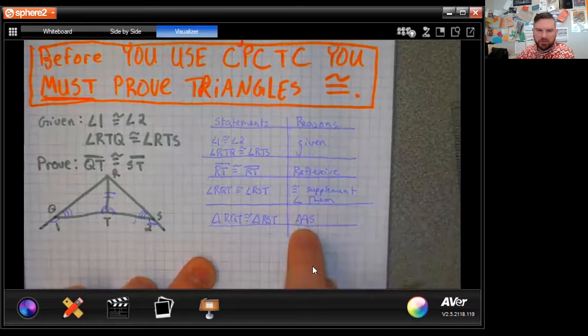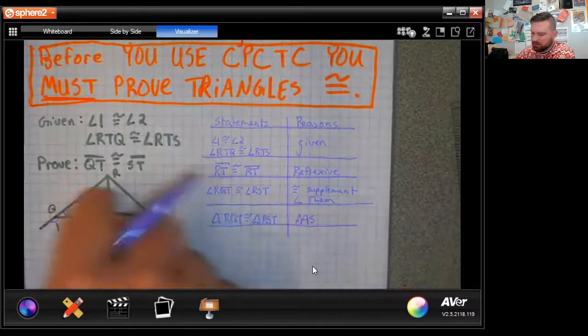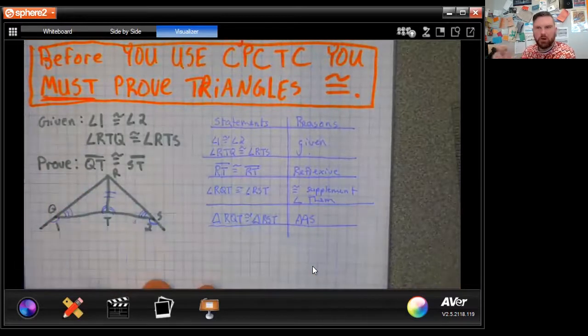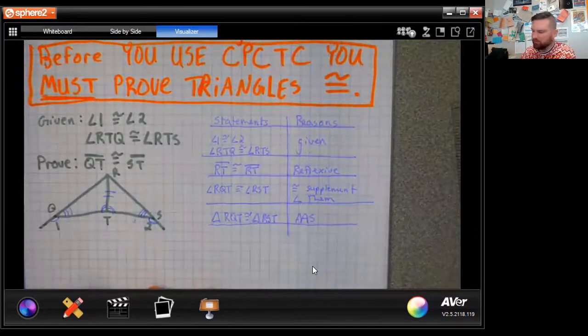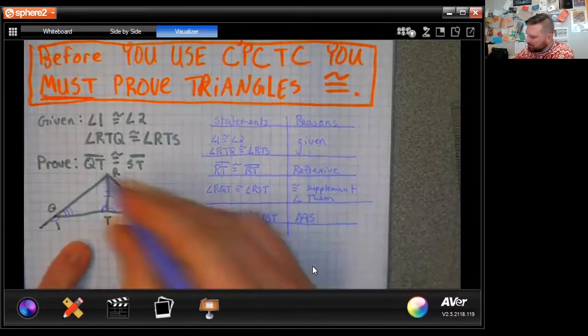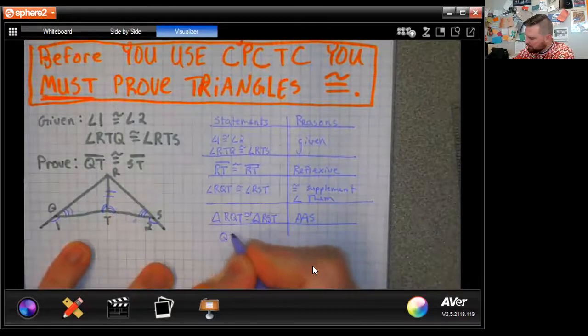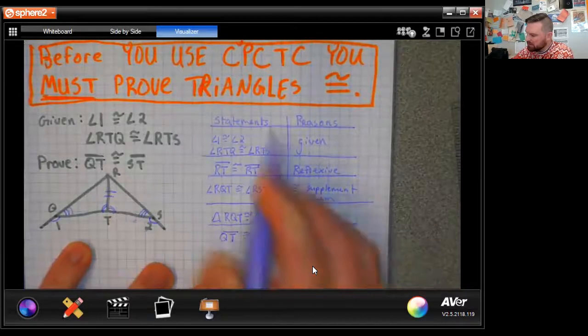Now that I have proven that these two triangles are congruent, every single part of those triangles is congruent. So now I can say that QT is congruent to ST, and that reason is right here.